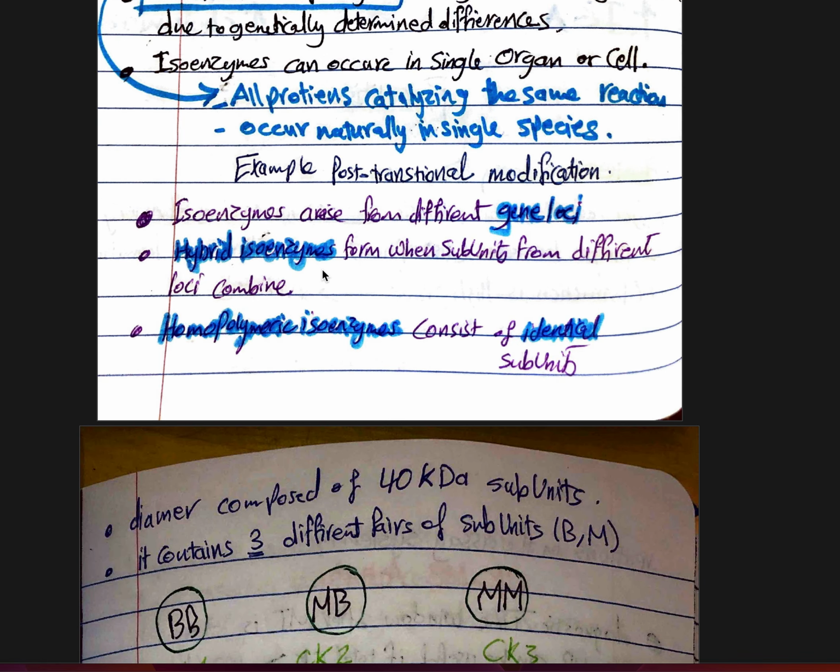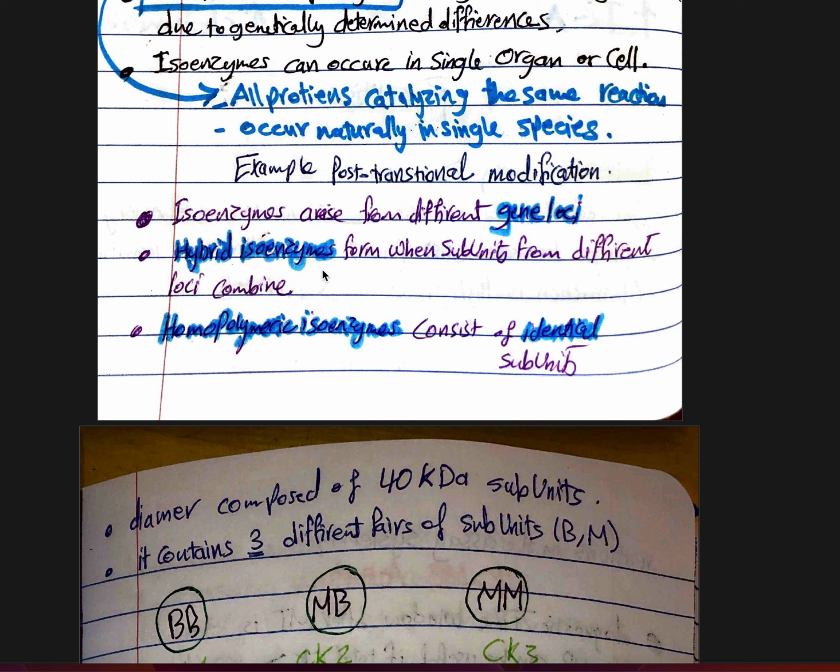Isoenzymes arise from different gene loci, and we also have hybrid isoenzymes. Hybrid isoenzymes form when subunits from different loci combine, making a connection between two different things. And we have homopolymeric isoenzymes, which consist of identical subunits.